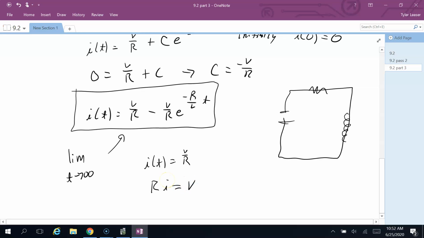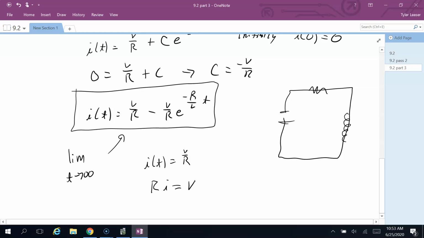All right? And remember, this was just initially Ohm's law. So when you have an inductor, it still reaches Ohm's law. It just may take time to get there. In other words, an inductor slows down the current so it doesn't build up to the voltage right away.